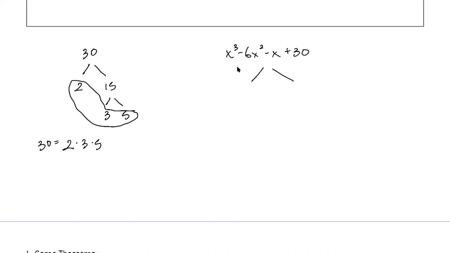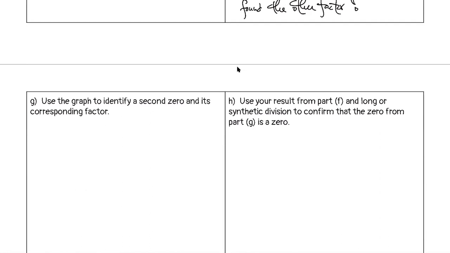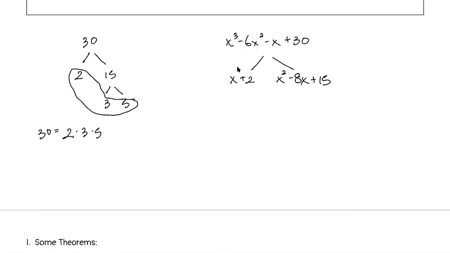And so far, we found that it breaks up into x plus 2 and x squared minus 8x plus 15. That's what we found so far, okay? So we took our polynomial and broke it into 2 factors. Now, why did we stop here with that 2 when we were factoring the 30? How come we didn't keep going?